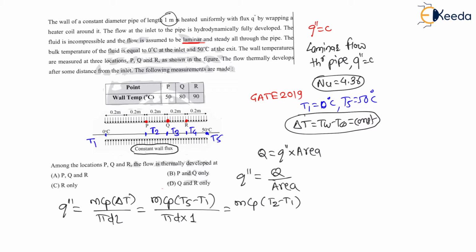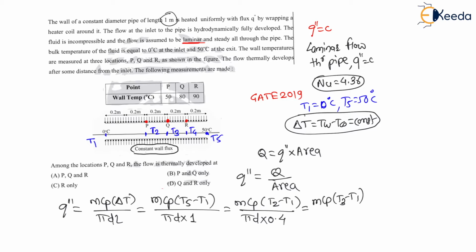Now between 2 and 1, what is the length? Can I say the length is 0.2 plus 0.2, this much length, right? Therefore here we have to write area is pi d into length 0.4, definitely 0.2 plus 0.2. Now if I write, is equal to mCp (T3 minus T1).